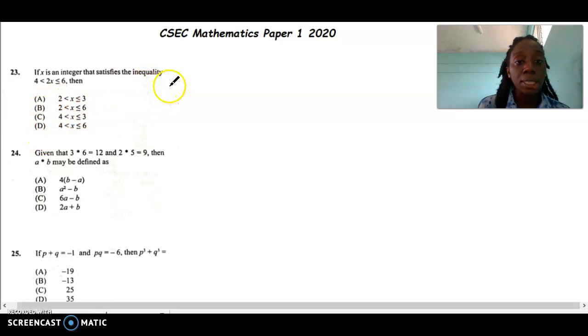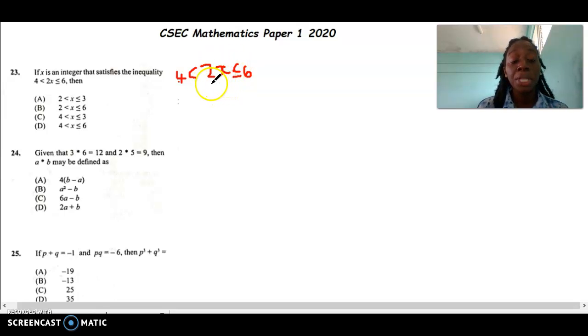So we have 2x less than or equal to 6, and it is greater than 4. Now remember that the question specifically asks if x is an integer. So therefore I have a term 2x here, which means that I need to get x by itself.